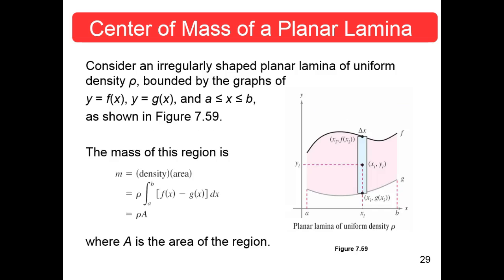Now, this is where your problems come. Consider an irregularly shaped planar lamina of uniform density rho. So the density is constant now. It's bounded by two graphs: y is equal to f of x on top, and y is equal to g of x on the bottom.